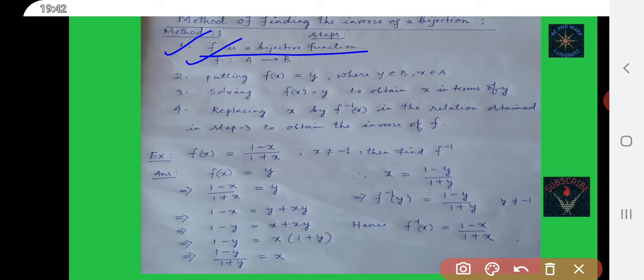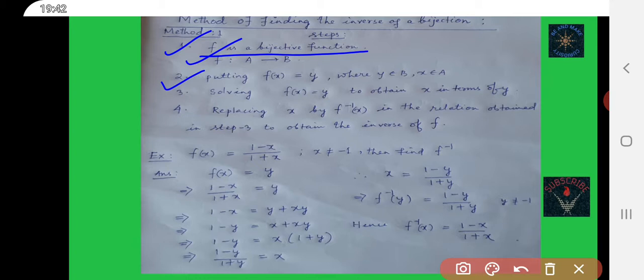So first step in method 1 is, check whether function f is bijective or not. If it is bijective, then you go to the second step. If it is not bijective, then you cannot find the inverse, so no need to find the inverse of that function.